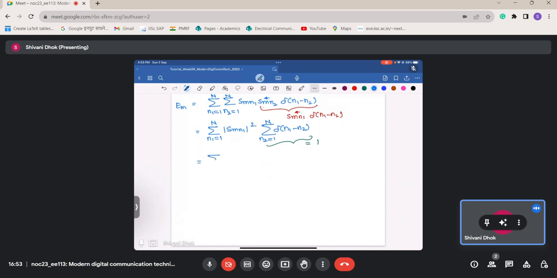So my energy is basically summation n1 equal to 1 to capital N magnitude of SMn1 square, or in simple words, this EM is basically summation n equal to 1 to capital N magnitude of SMn square. What does this signify actually?